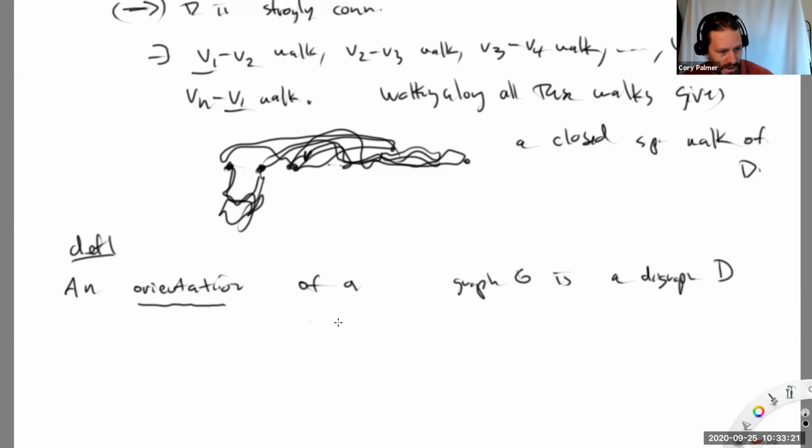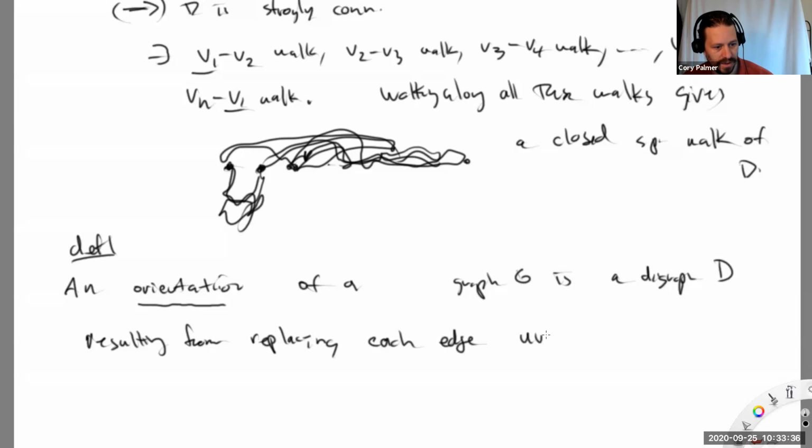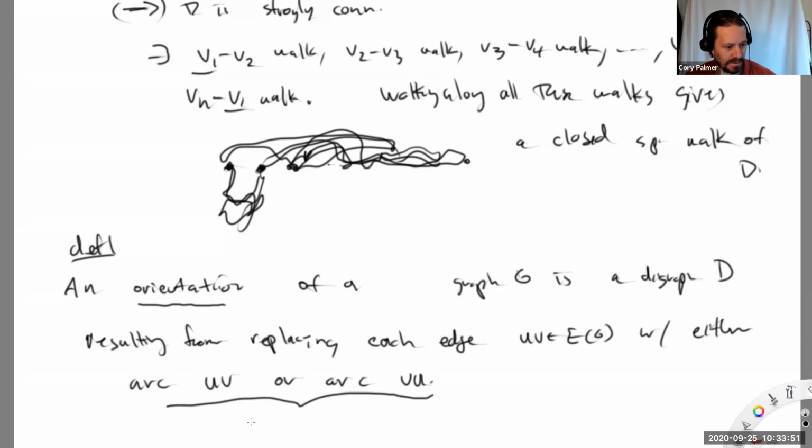So an orientation of graph G is a digraph D resulting from replacing each edge, say UV of G, with either arc UV or arc VU. Okay. So that replacement here is the orientation of UV.